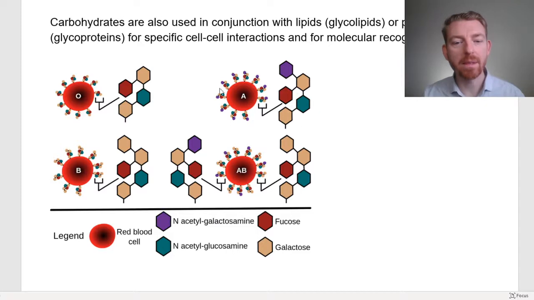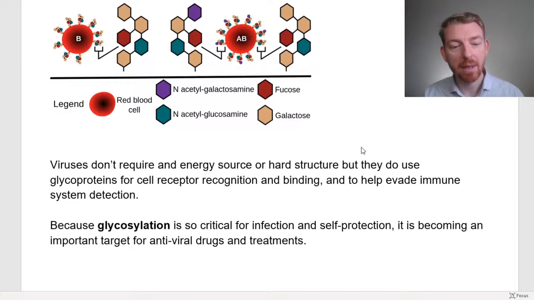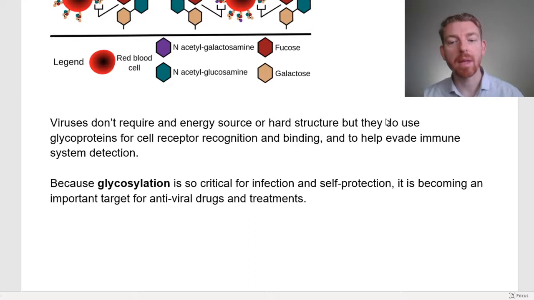So this is also a component in our virus. The proteins that we've already talked about, so that spike protein and some of the other ones on the surface of the coronavirus, are quite heavily glycosylated. There's between, I think, 69 and 81 different sites on that protein that have a carbohydrate attached to it, to assist with cell recognition and binding, and also to protect it against elements of our innate immune system.